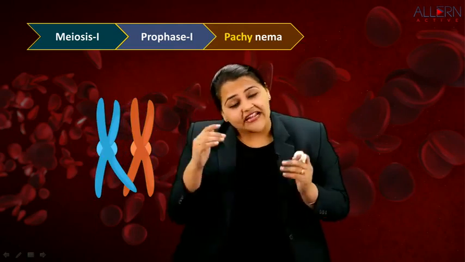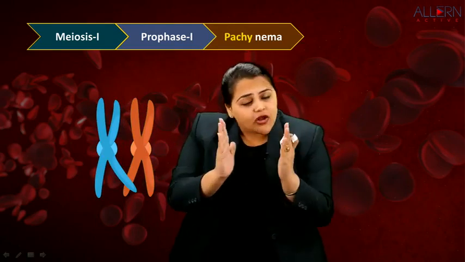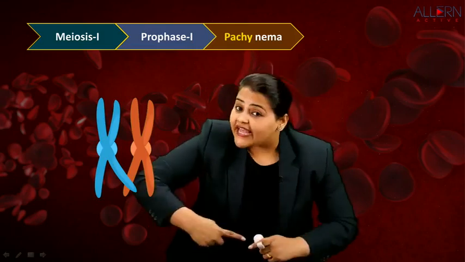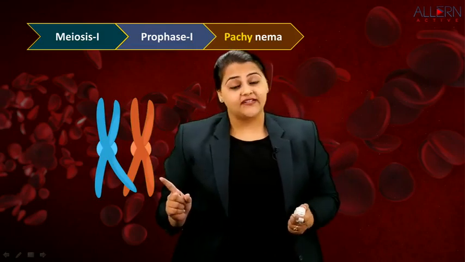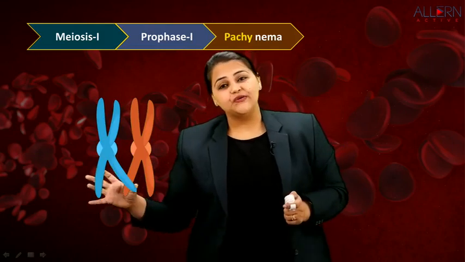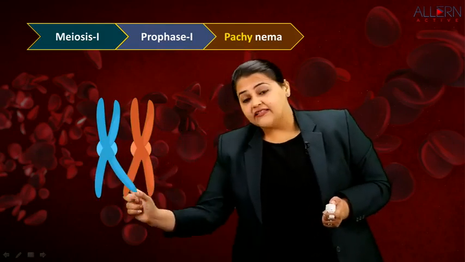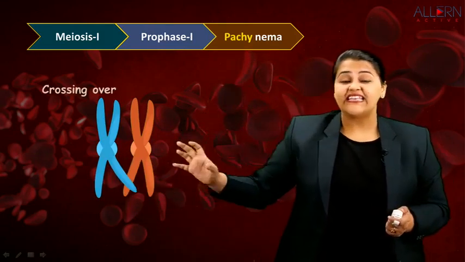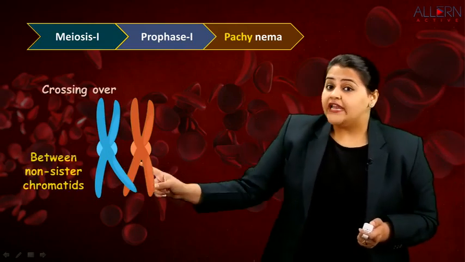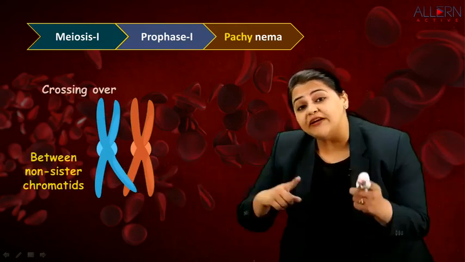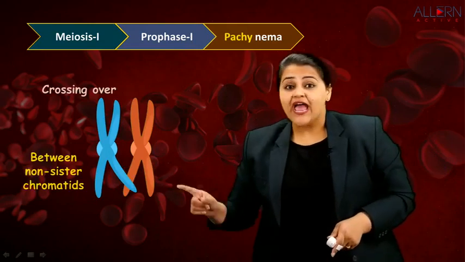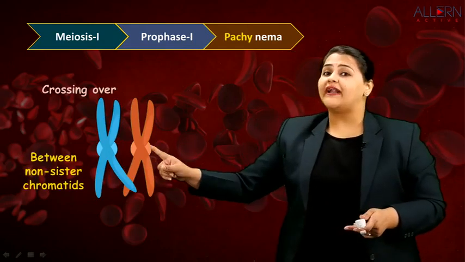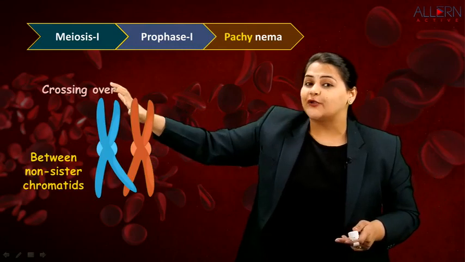So the thin threads initially came together, they saw that they were homologous, and then they multiplied into sister chromatids, and that's wherein they'll form this, and this is called the event of crossing over. Now, this crossing over is between the homologous chromosomes, and they are non-sister chromatids, because the orange and the blue are sister chromatids.